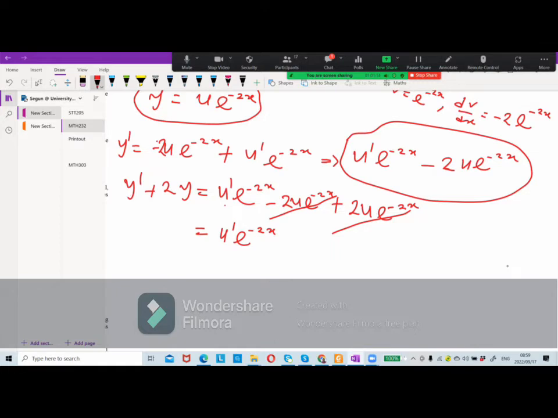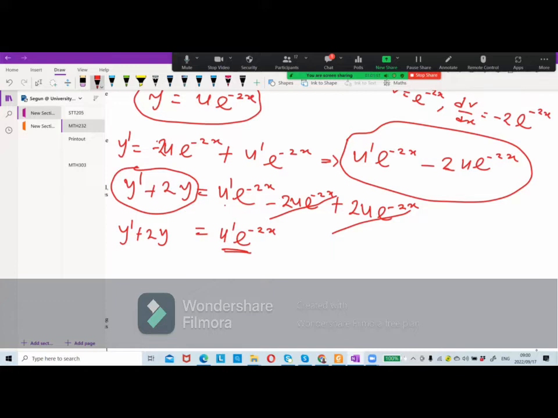Don't forget, everything here is the one that equals to this. Now, let's go back to our original equation. Any question? You are right, sir. That's our final answer. So, don't forget that you have y prime plus 2y is equal to this.